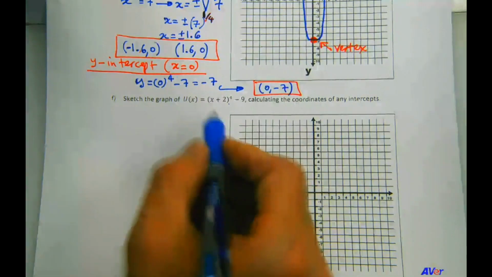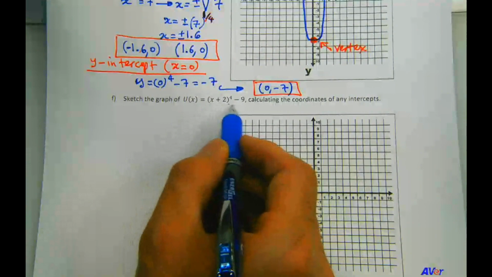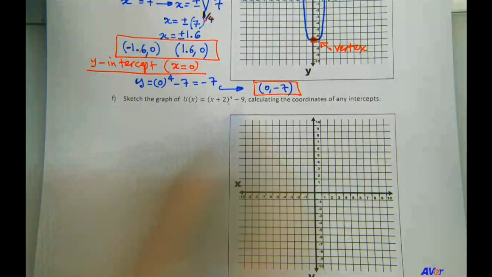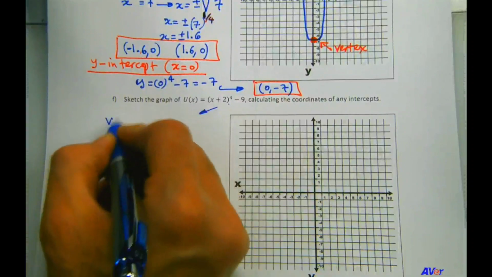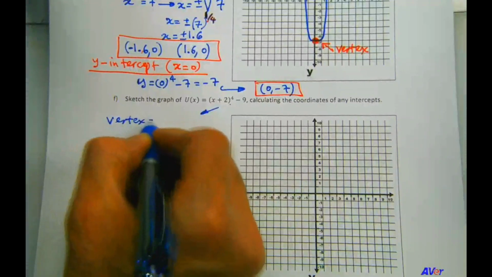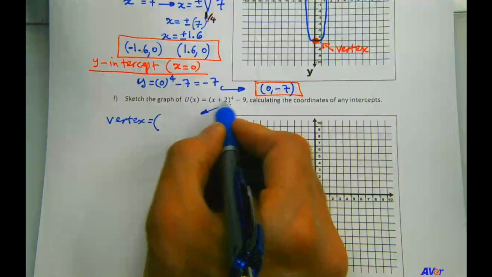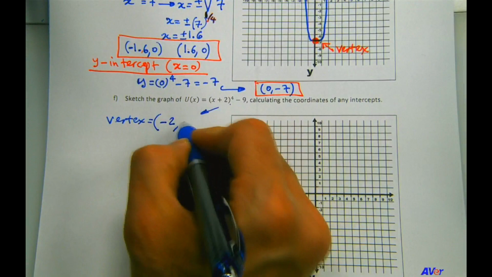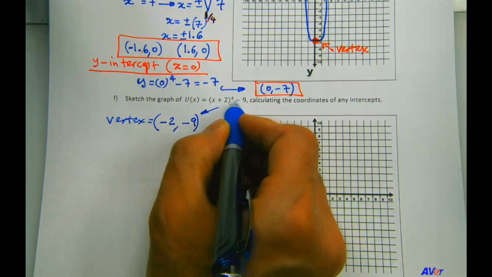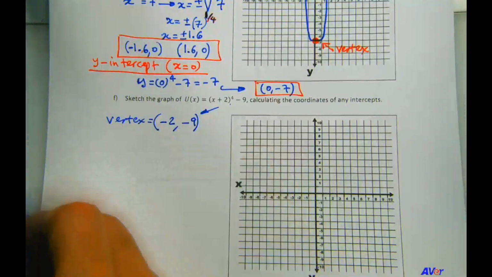Okay, so because it's in standard form, we can quickly see or write down what the vertex is, right? So the vertex of that is equal to, this is plus 2, so minus 2 must have been the h, and minus 9 is k, right? So that's where the vertex is.